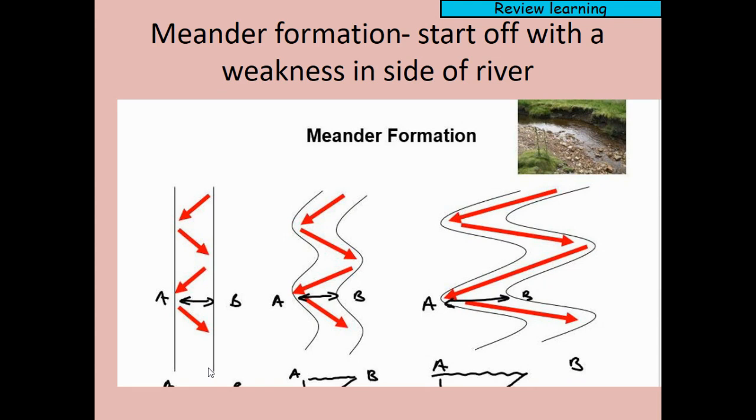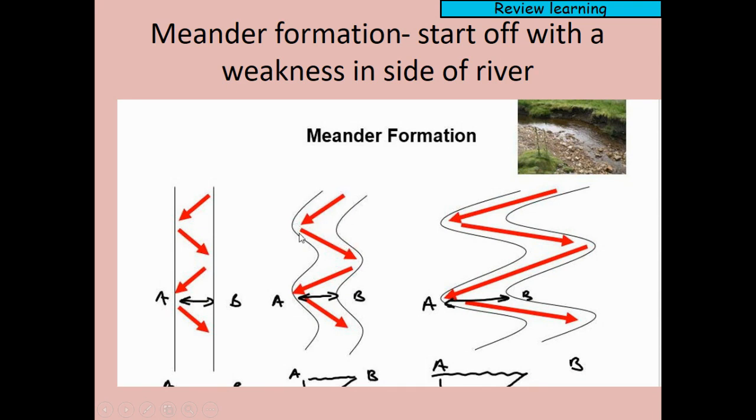Okay, so there's a weakness in the side of the river that is then causing the water to divert in, which will then erode it quicker. And then what this will cause is that ricochet effect of the water bouncing from side to side. So you've got a weakness here perhaps, and then the water will start to go into that, and it will ricochet across, and then this will erode, and then you have deposition on this side.